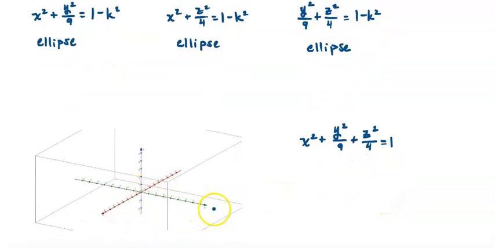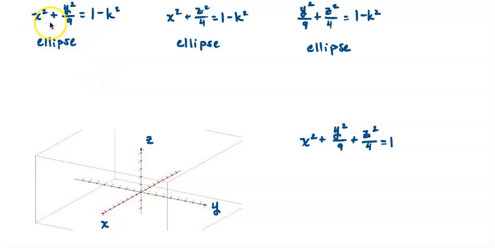All right, so we've got our z, our y, and our x axes here. And we want to sketch this shape. Well, I know that when z is equal to 0, I have an ellipse in the form x squared plus y squared over 9 is equal to 1.